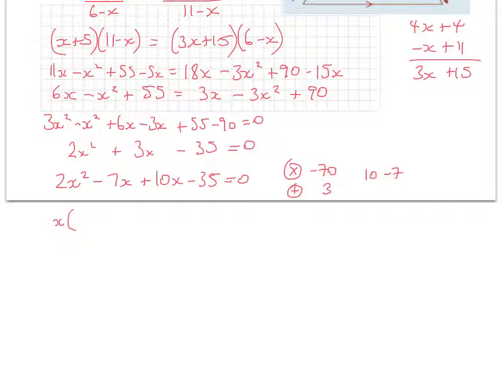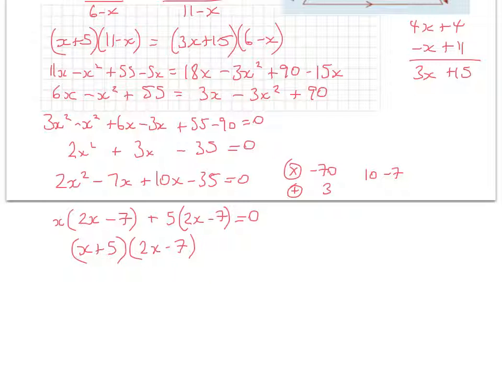I can then factorise the first two terms, x is a common factor. Second two terms, 5 is a common factor. You'll see that what I have in the brackets is the same, 2x minus 7. So it's factorising correctly, and I have x plus 5, 2x minus 7, equaling 0. So either x plus 5 must equal 0, in which case x is minus 5.